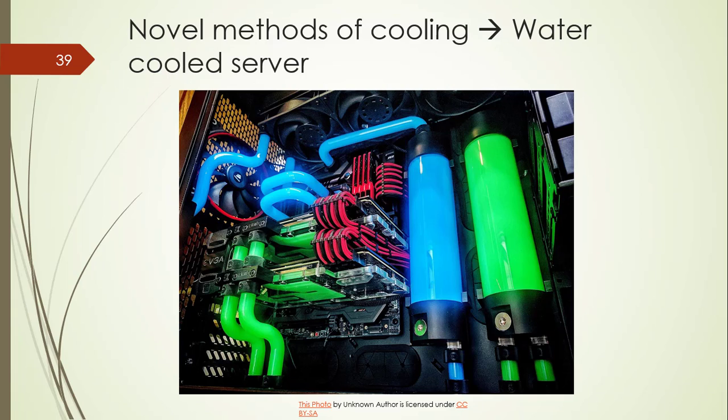What about cooling? A lot of innovation is happening over here. Previously you would have seen a small fan on top of the processor. What that small fan used to do is forced air cooling, what is called convective cooling. But nowadays what is in fashion is water-based cooling. We have these water pipes, which you can see over here, nicely colored.